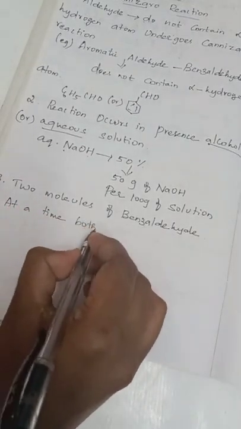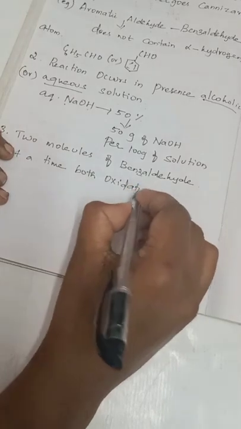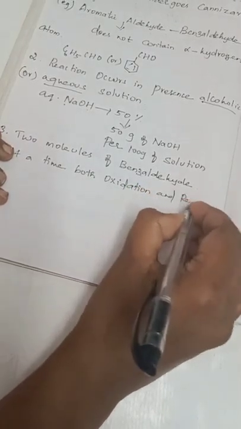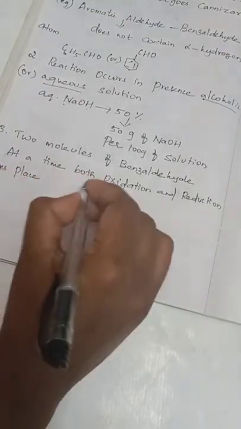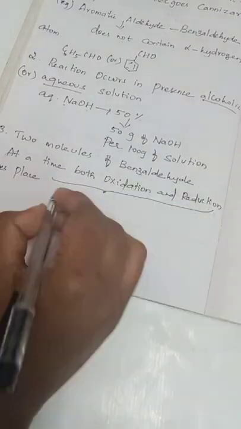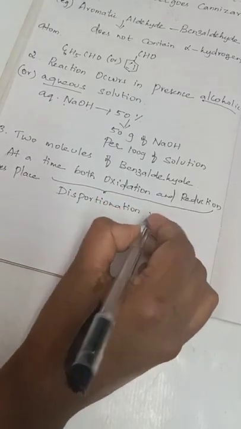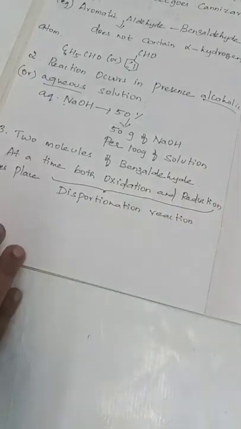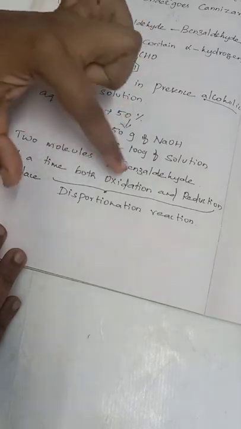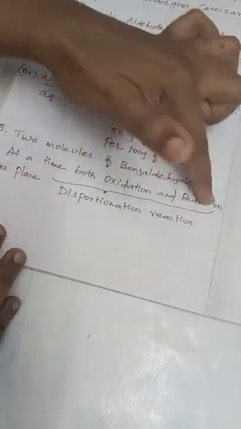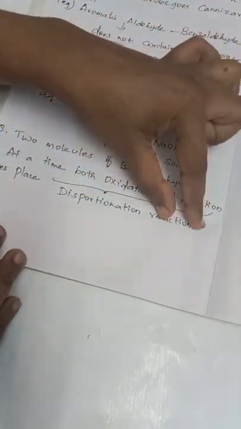This reaction is called a disproportionation reaction. What is meant by a disproportionation reaction? When we use 2 moles of aldehyde, both oxidation and reduction take place at the same time. This reaction is called a disproportionation reaction.